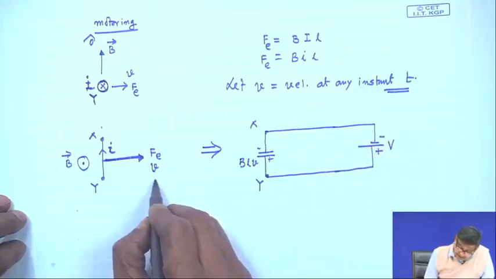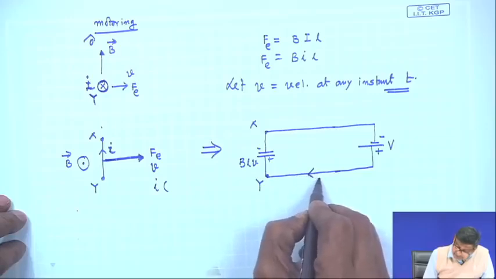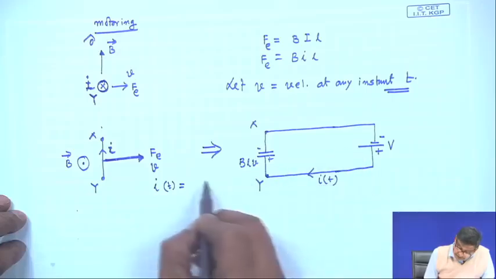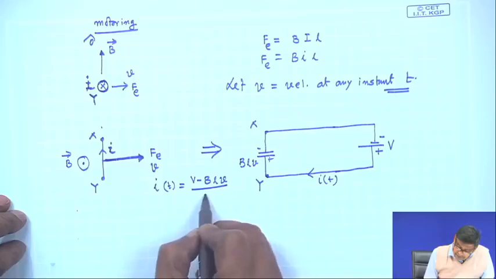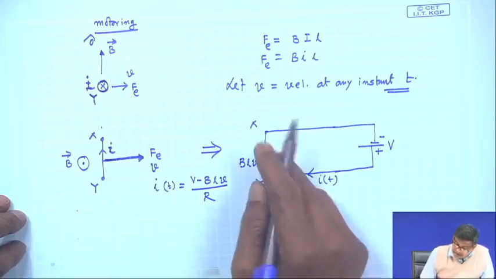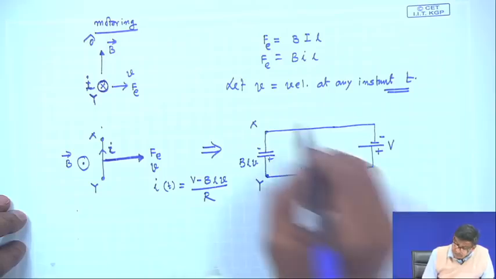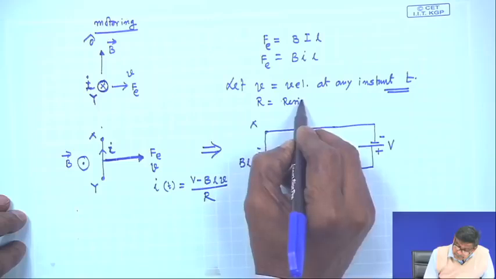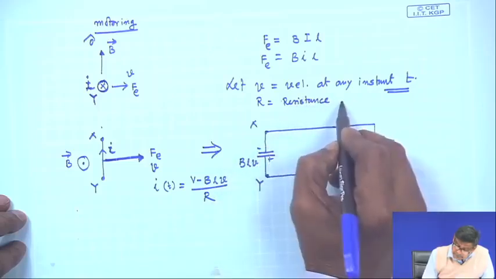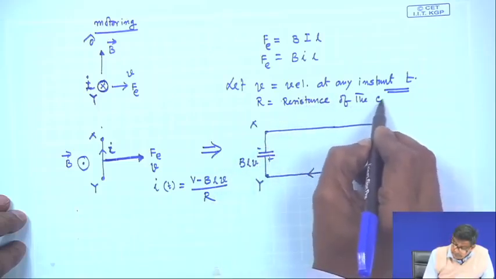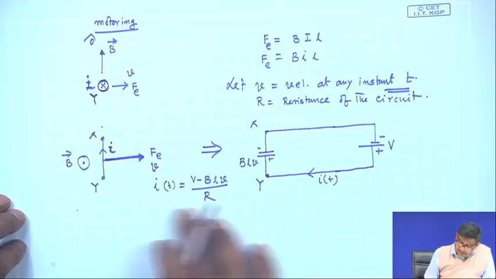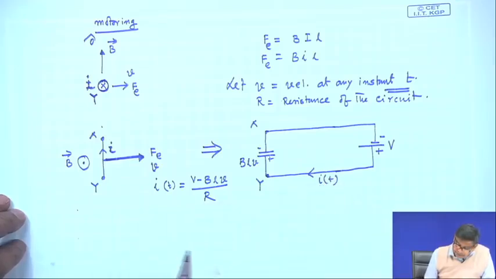Therefore, I(t), the current in the circuit, will be equal to (V minus BLv) divided by R. What is R? R is the resistance of this total path. This is the I(t).